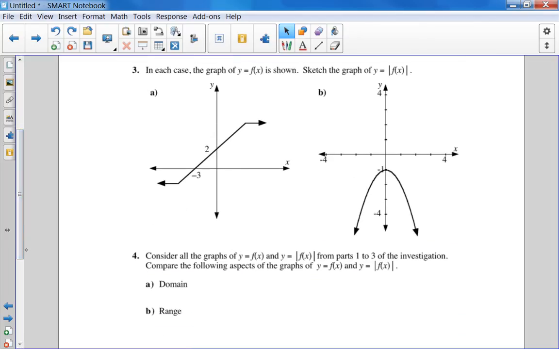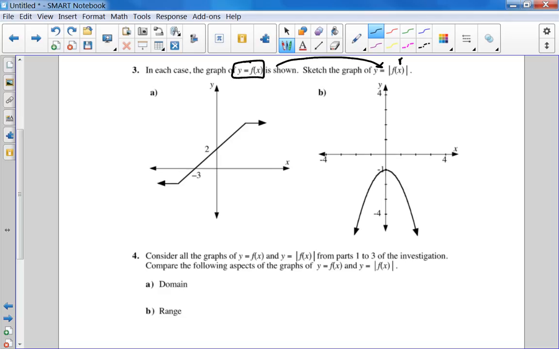So in each of these cases, sketch the originals. I'll start over. For each of these examples, you're going to take the original graph, and you're going to do what's called an absolute value transformation.